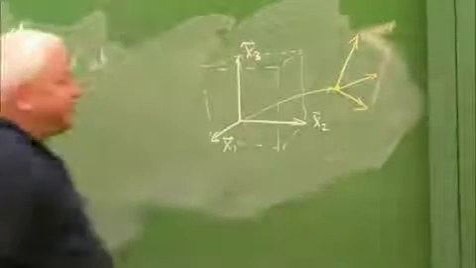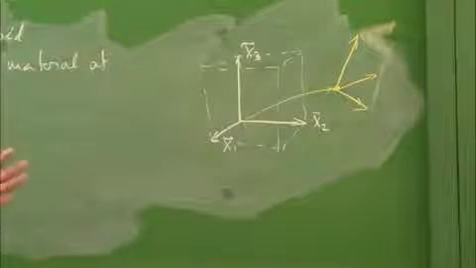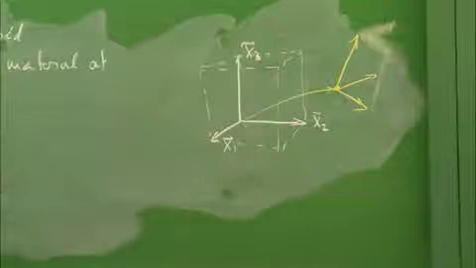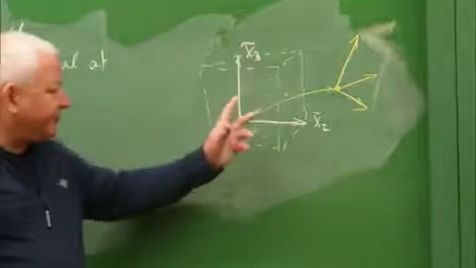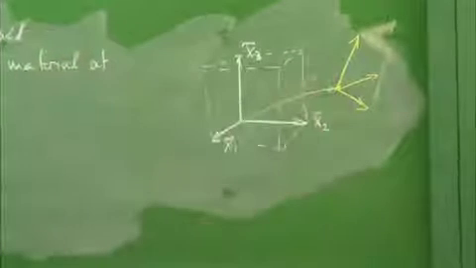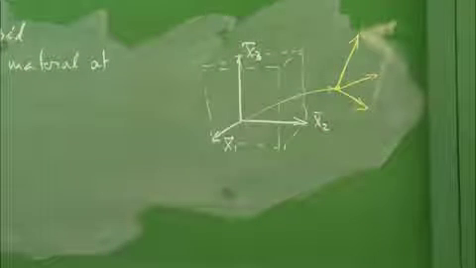The vectors skew. So your volume deforms. And because we're watching it for a very short period of time, delta t, these vectors will have skewed slightly, and the vectors themselves will remain approximately straight.